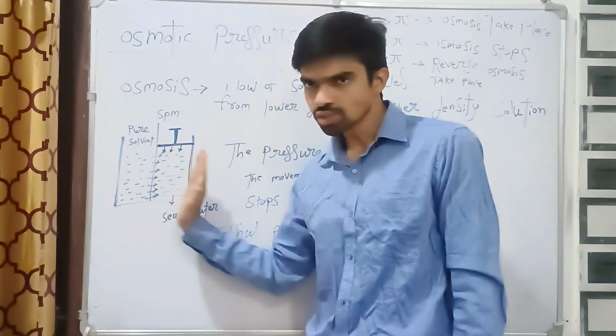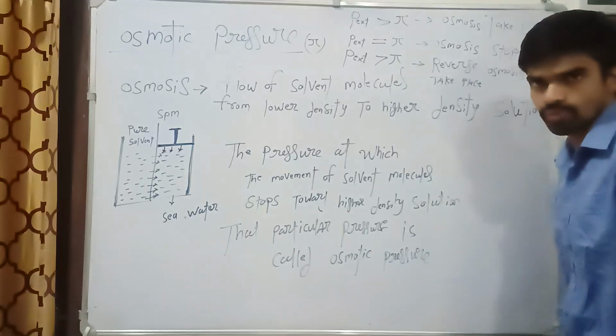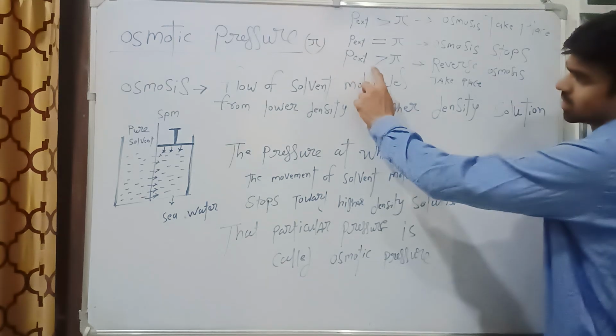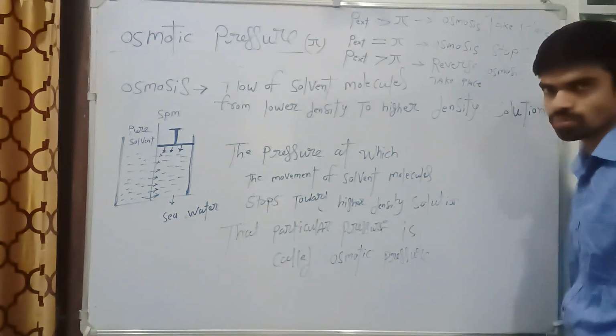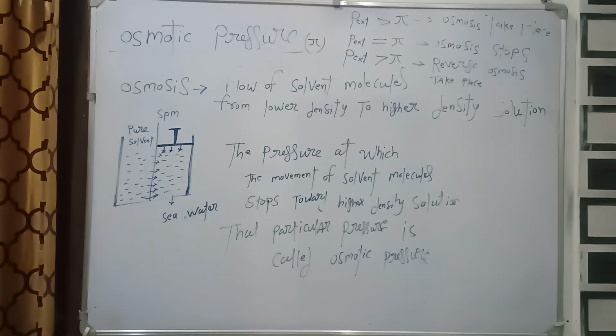So this reverse movement of solvent molecules is called reverse osmosis. Reverse osmosis will take place when the external pressure applied is greater than the osmotic pressure. Osmotic pressure is that pressure at which the osmosis process stops.